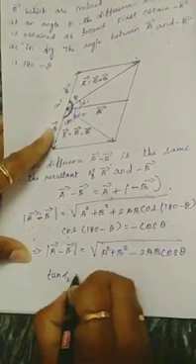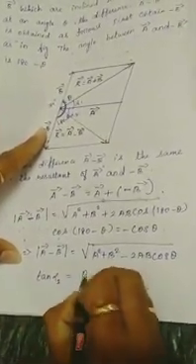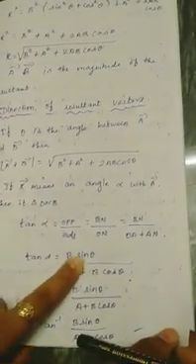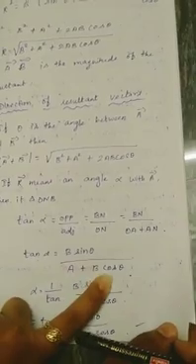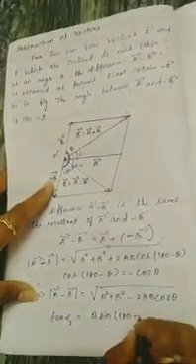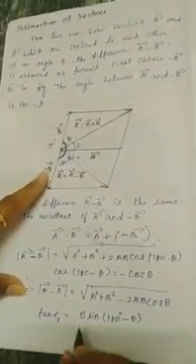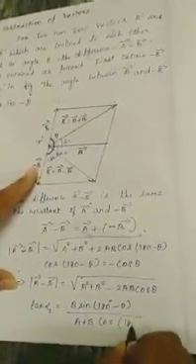We already derived the formula: tan alpha is equal to B sine theta divided by A plus B cos theta. The same formula we substitute here: B sine of 180 degree minus theta, divided by A plus B cos of 180 degree minus theta.